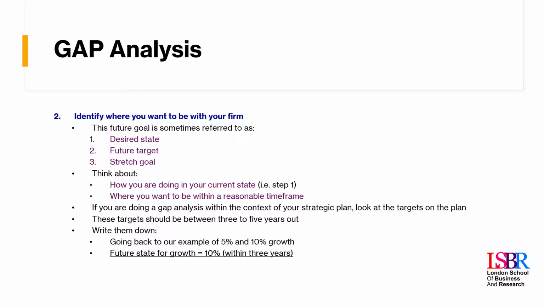So what things do you need to think about? Well, firstly, what we just did in step one, what are you currently doing, or how are you currently doing your business process, your business amplification in its current state? Where do you want to be within what's a reasonable time frame? Okay, it's about how can you get to your goal in a realistic time frame.